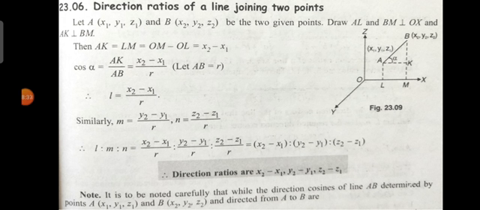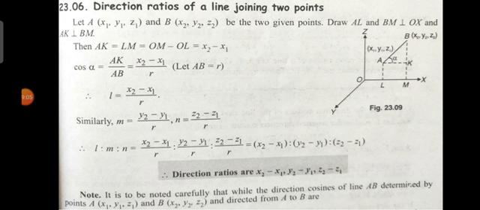Look at the figure. Drawing perpendiculars AL and BM from A and B to OX, which meet at L and M, and AK is perpendicular to BM.